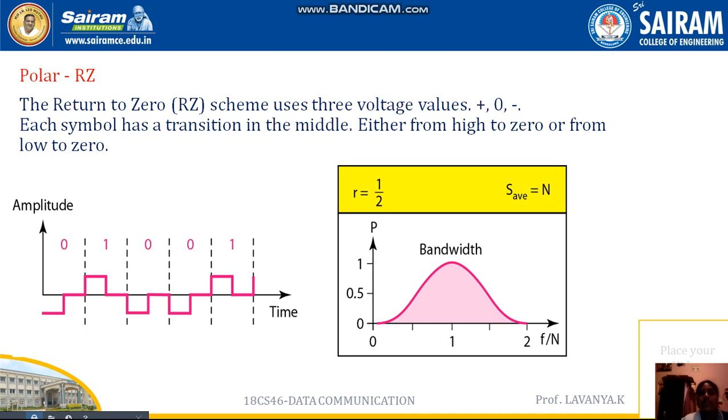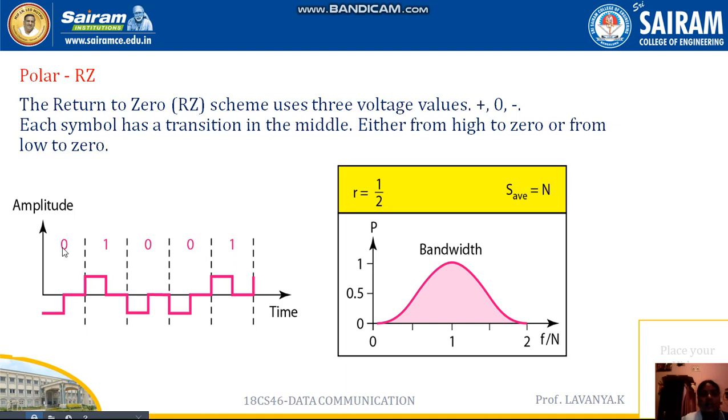Based on that, we are supposed to make the transition here. Each symbol has a transition in the middle, either from higher to 0 or from lower to 0. We will see how it happens from higher to 0 and lower to 0, with the help of the three voltage values: positive, 0 and negative.